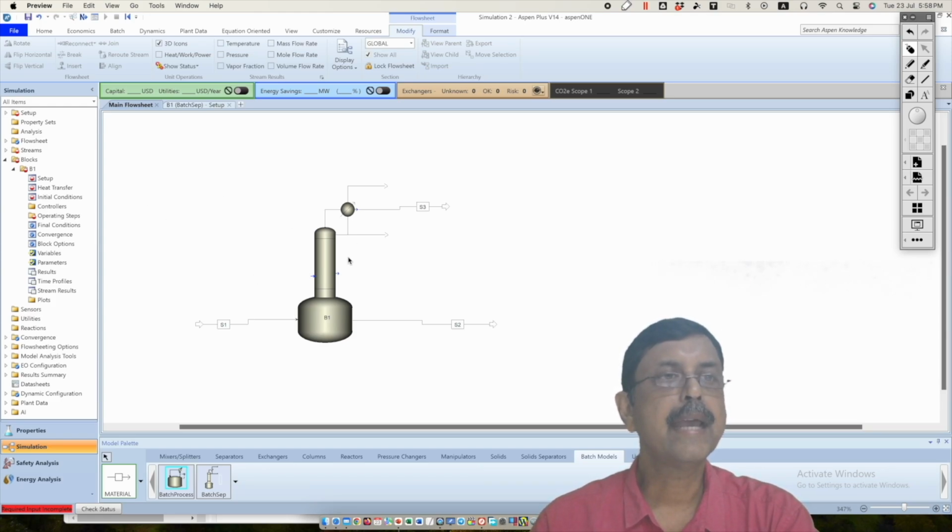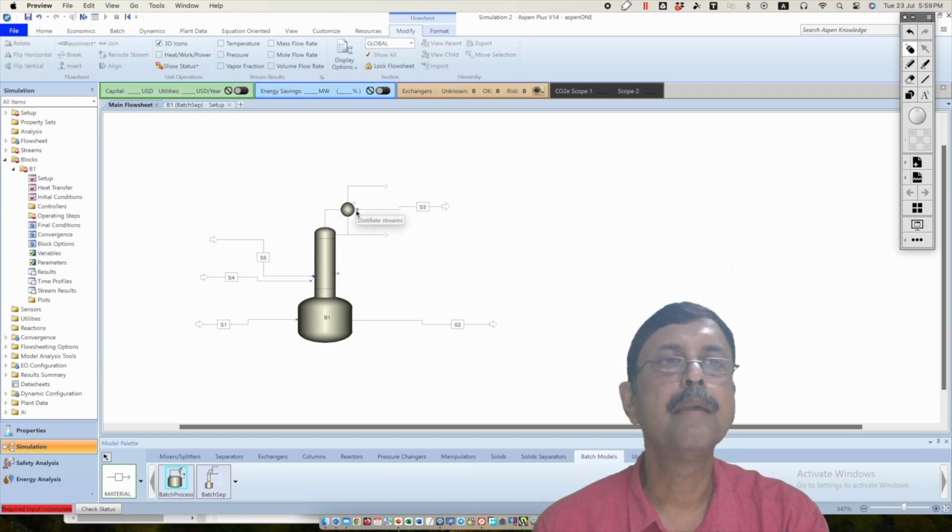And other than that, you can see this is an additional feed. Okay, so this is the additional feed. Any number of such feeds you can put in. And there can be multiple distillate streams.